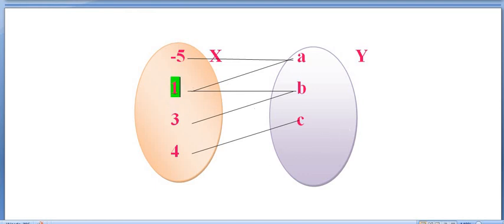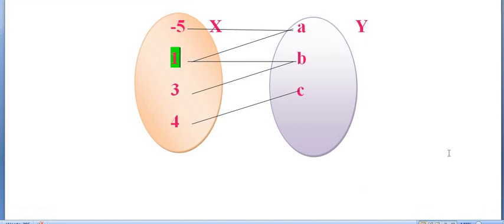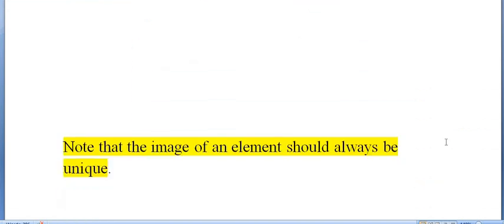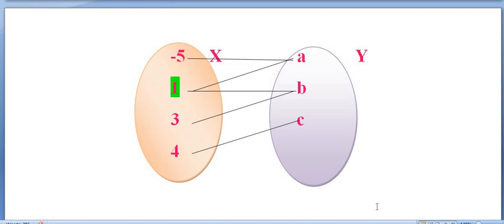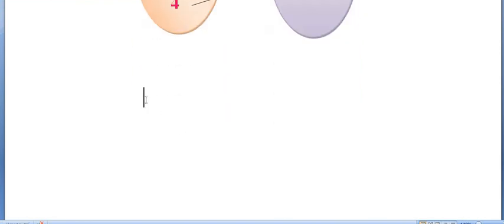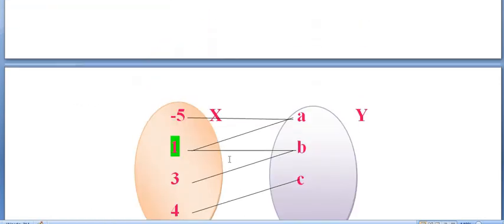See, the 1 has the image of A and B. So can we say whether it is a function? No, R3 is not a function.